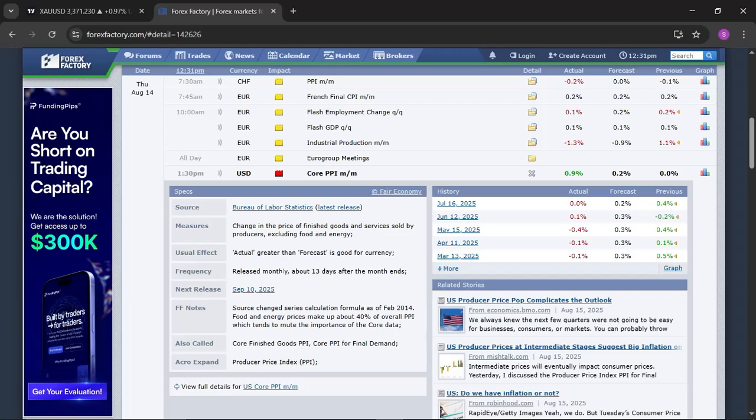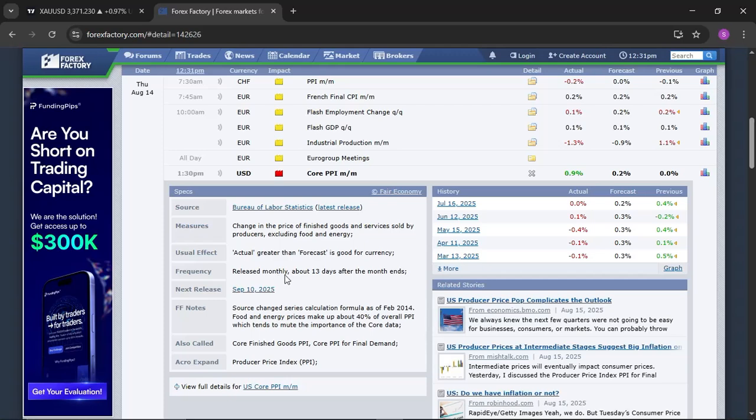Now the effect, what do we see to know that it has effect on the market? Now if actual is greater than forecast, that is good for currency. I'll explain more of that. Actual greater than forecast is good for currency. Then frequency, the number of times they release this news. Released monthly.